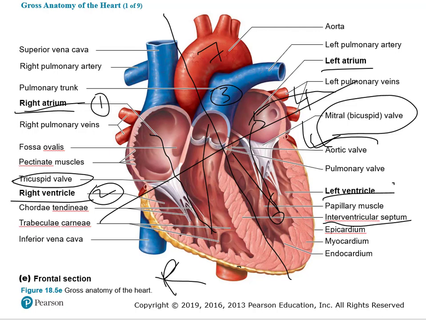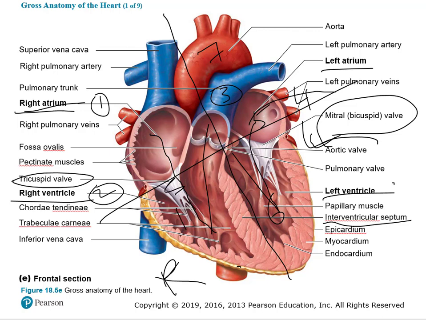If you look at the valves now, the tricuspid valve is called tricuspid because it has three cusps that hold together to close the opening between the atrium and the ventricle, hence tricuspid valve. This is the valve right here, the white one.